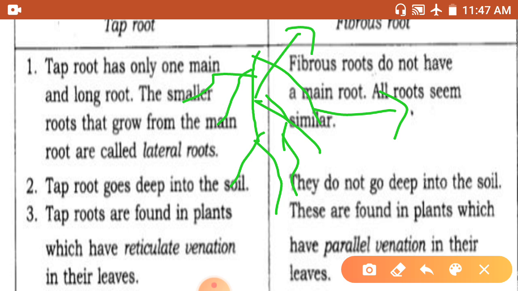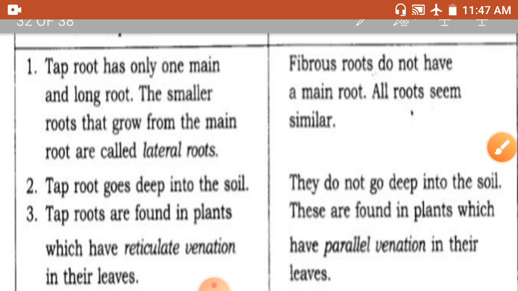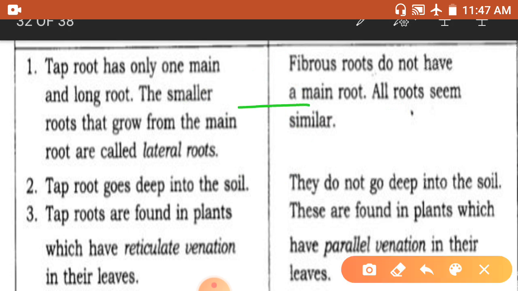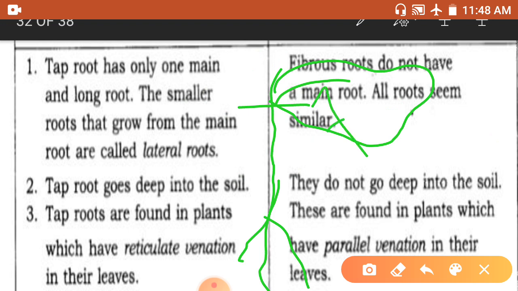These roots go deep into the soil. And third, taproots are found in plants which have a reticulate venation, meaning their leaves look like this type, reticulate venation.